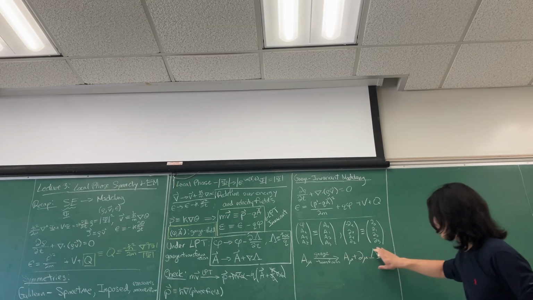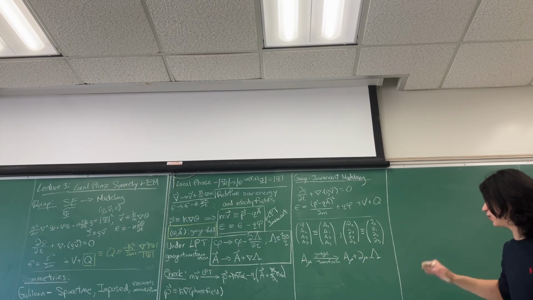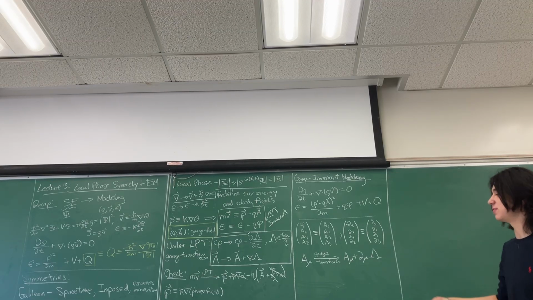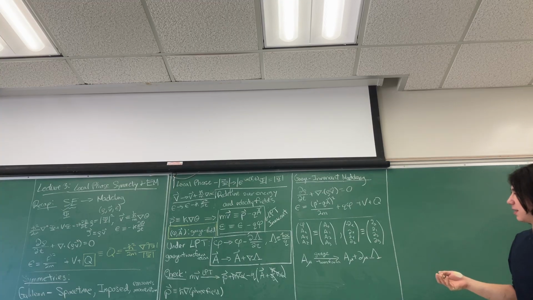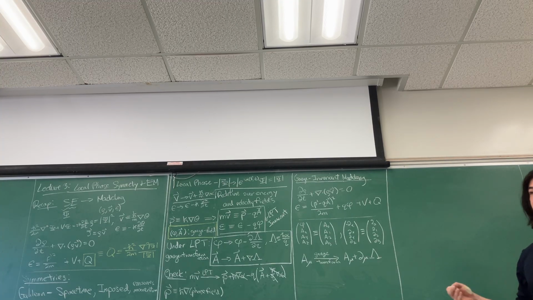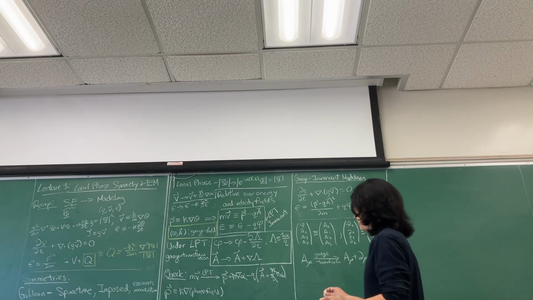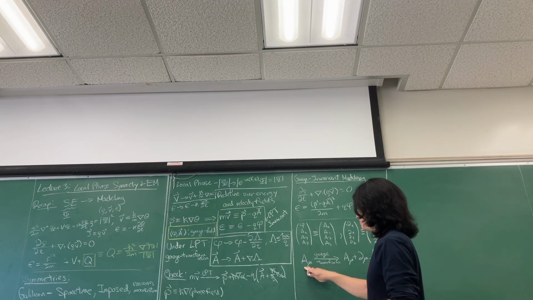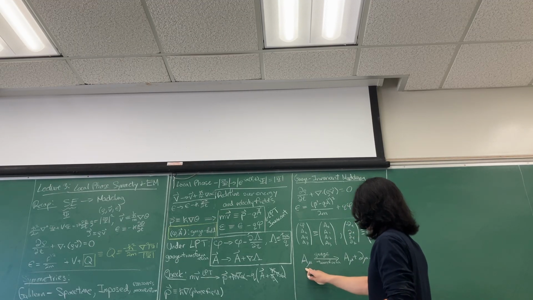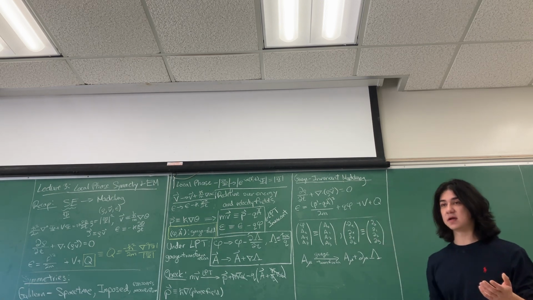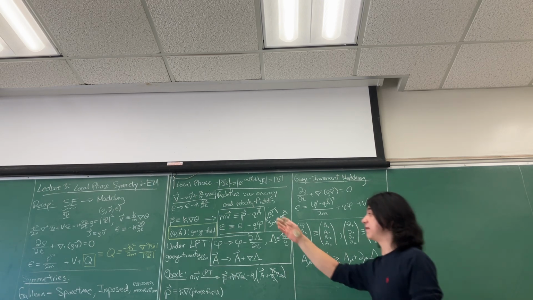With this form, we can now ask, what possible form could a gauge invariant form of A_mu be? If you didn't know anything, you might guess that the gauge invariant form would be something massive, where massive means it's like the wave function.